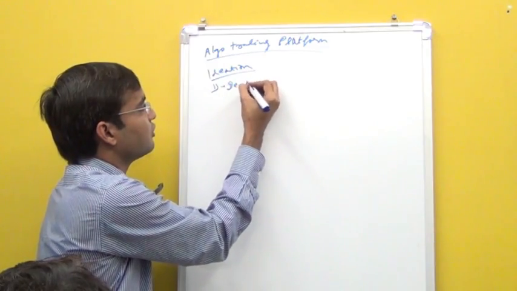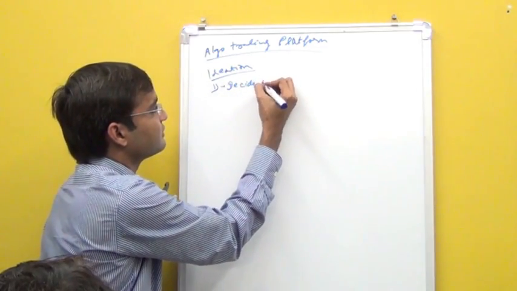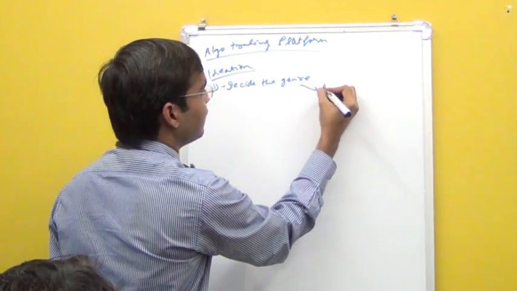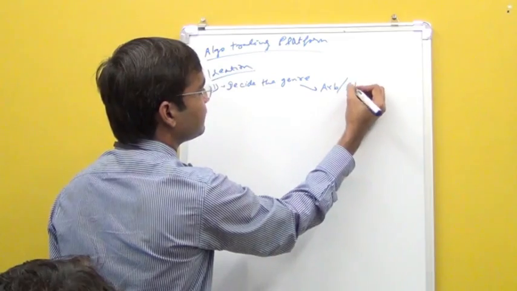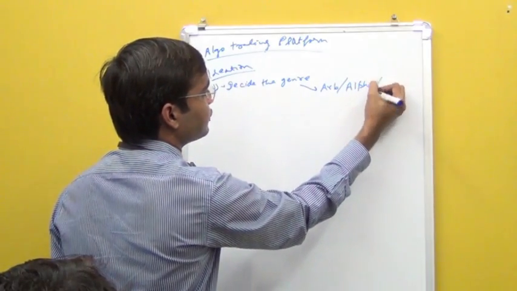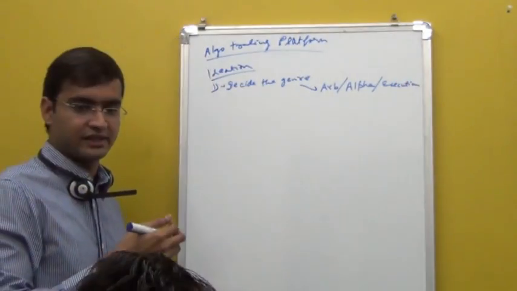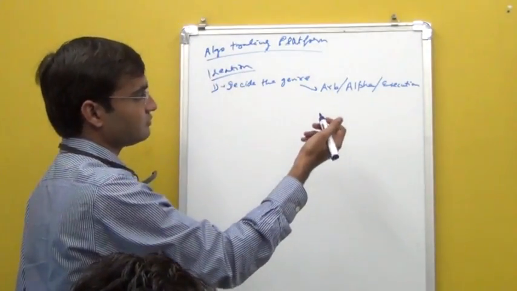Decide upon the genre of strategy. Right. So alpha or simple execution, which would typically be the execution strategies, or hedge.